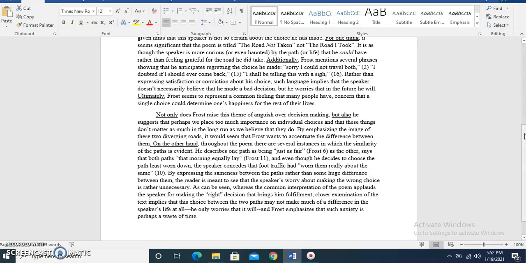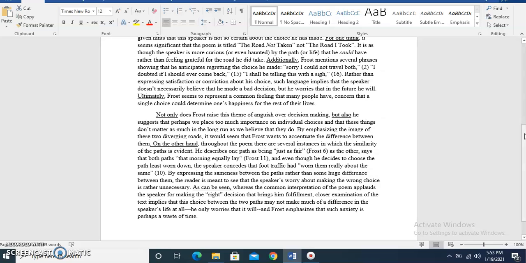He describes one path as being, quote, just as fair as the other, says that both paths, quote, that morning equally lay, and even though he decides to choose the path least worn down, the speaker concedes that foot traffic had, quote, worn them really about the same. By expressing the sameness between the paths rather than some huge difference between them, the reader is meant to see that the speaker's worry about making the wrong choice is rather unnecessary.